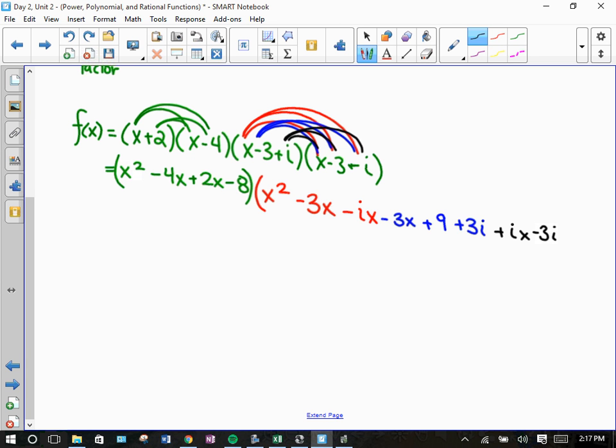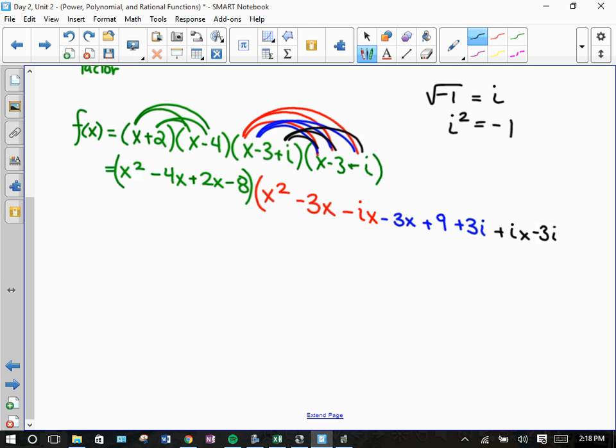So if the square root of negative 1 is equal to i, then i squared is equal to negative 1. We're going to talk about imaginary zeros on Monday. So i squared is equal to negative 1.